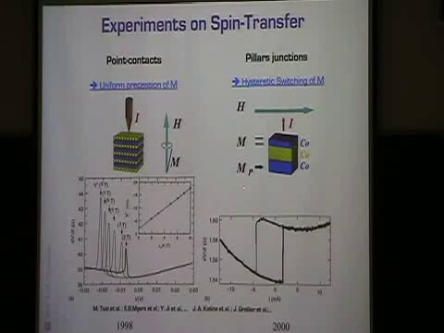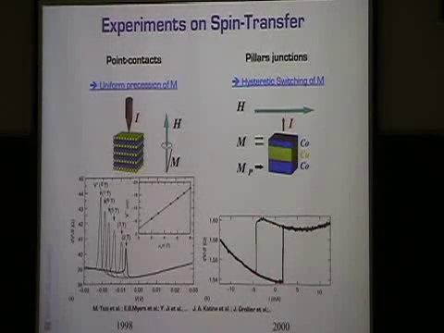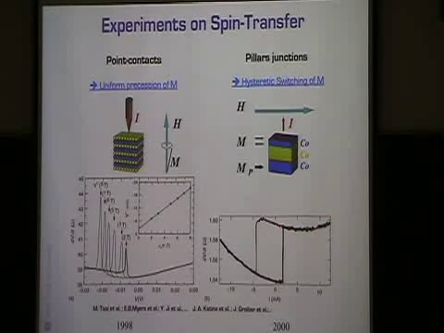The other experiment that was done was to take a nanopillar, a nanopancake, thin layers that were a few nanometers thick, 3 nanometers and 12 nanometers, and to ramp a current. You could see a curve that very much looks like the magnetic hysteresis you'd see on a magnet. When the current reaches about 2 milliamps, the resistance jumps, and when you come back, it jumps down to the lower values.